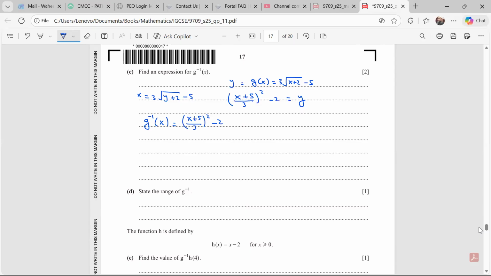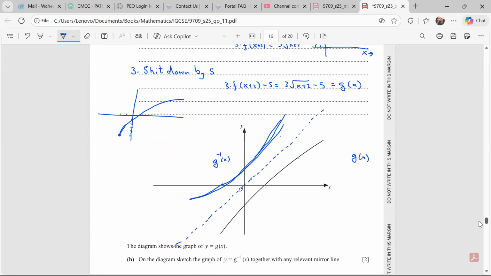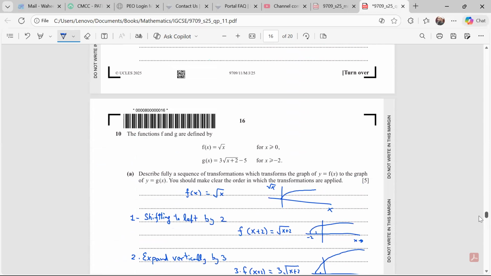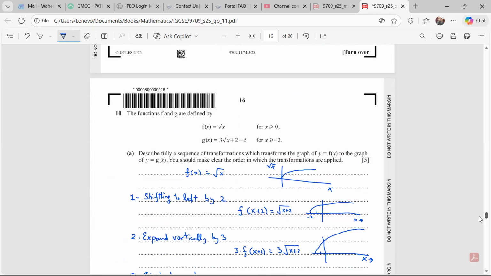Now, state the range of g inverse. Remember, what is the domain of g? We didn't talk about it, but yes, the domain of g was this one: x is greater than minus 2. Because remember, the domain of f of x was that x has to be positive.